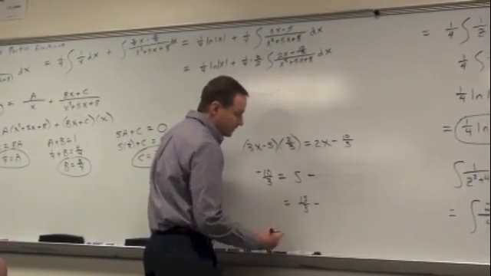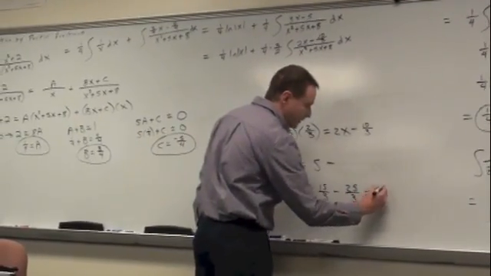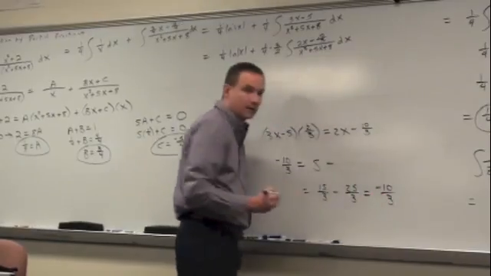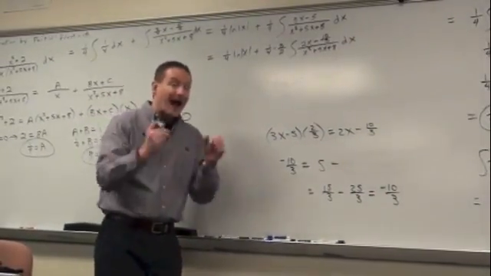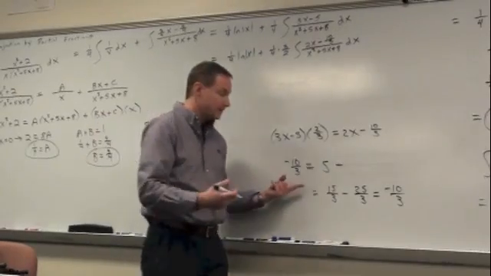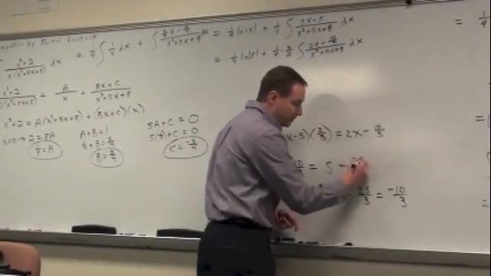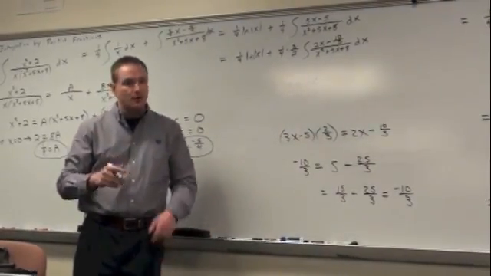If I subtracted 25 over 3 from that, I would get negative 10/3, right? So I could say, negative 10 over 3, I need a 5 there. So I can say, well, positive 5 minus 25/3 is the same thing as negative 10/3.